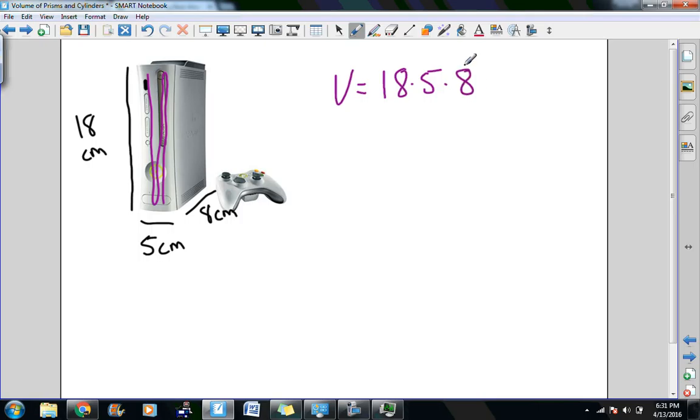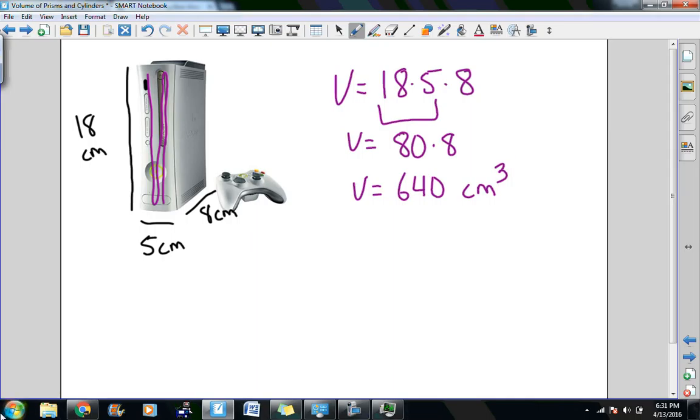Therefore, I would do 18 times 5 times 8. 18 times 5 is 80. And so 80 times 8 would be equal to 640 cubic centimeters.